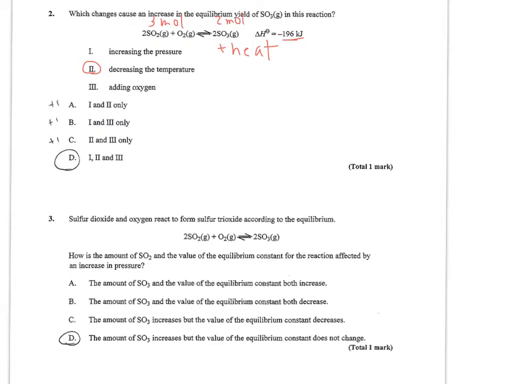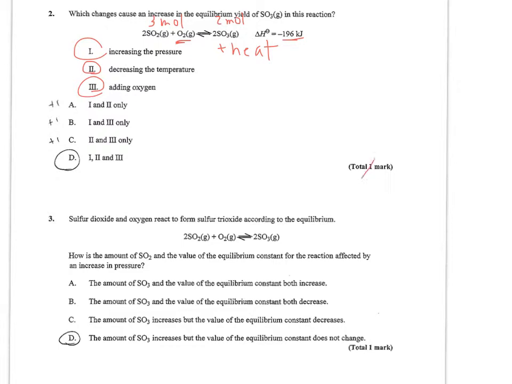So pressure is going to cause a greater increase in collisions on the reactant side. So increasing pressure would also increase my yield of SO3. And then adding oxygen. Oxygen is a reactant, so that would definitely help my increase of yield. So D, all 3 of these would be true.